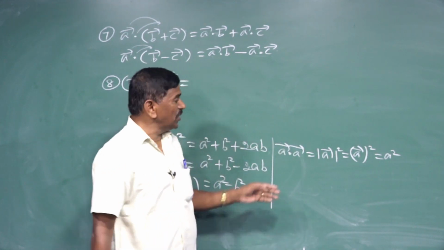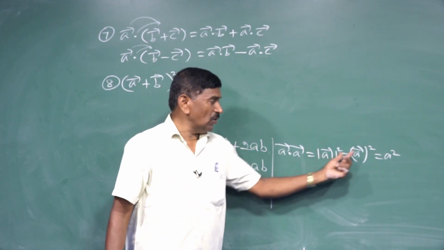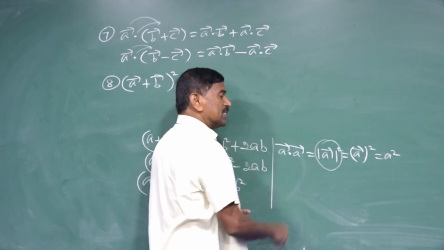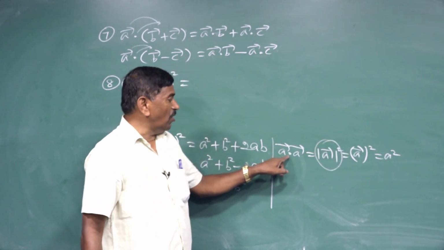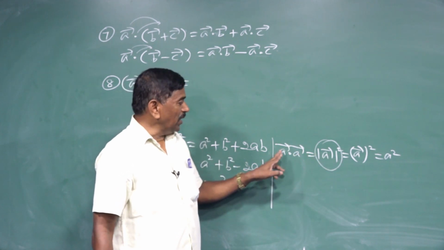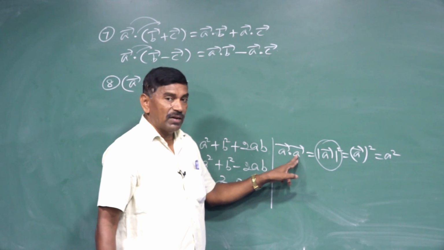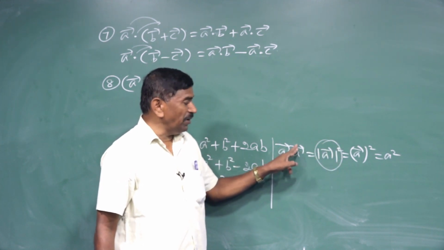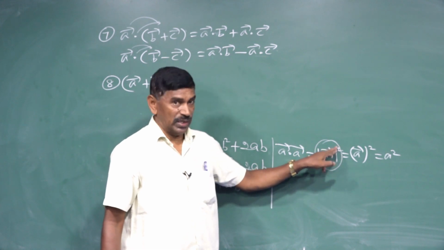So one can use any one: first or second or third. Now usually we use the second one. So A vector dot A vector equal to modulus A vector square. And similarly, B vector dot B vector equal to modulus B vector square. C vector dot C vector equal to modulus C vector square.